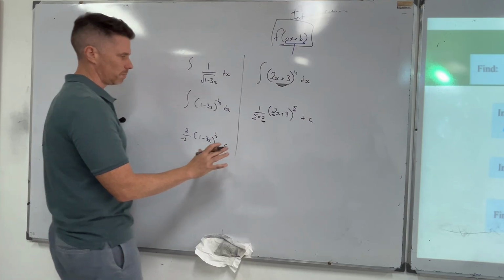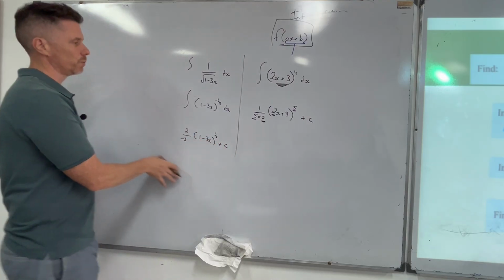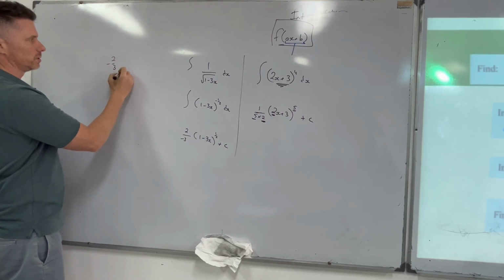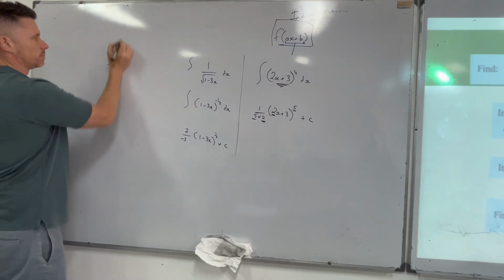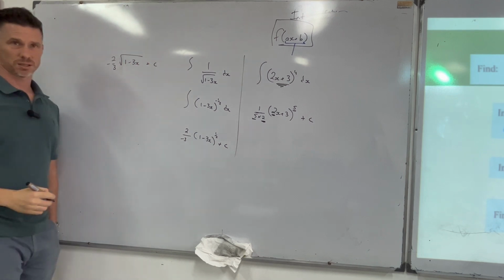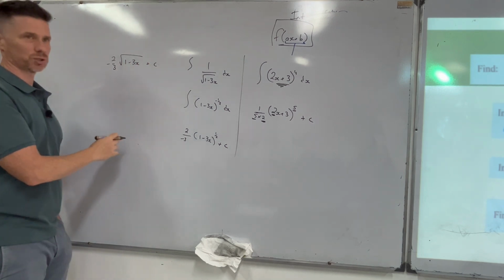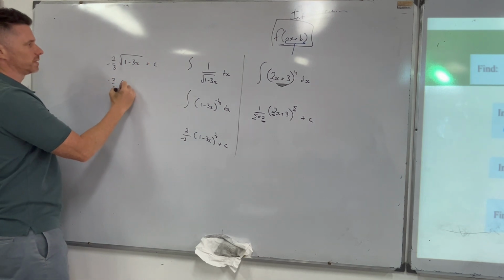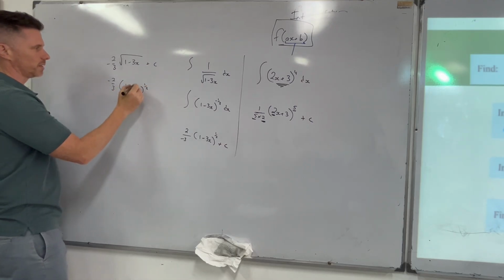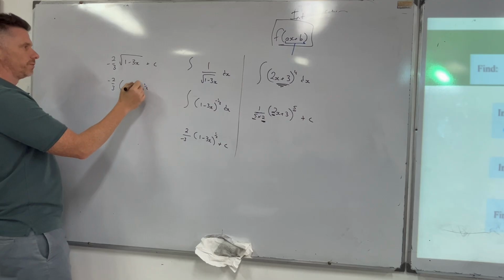Right. I'm not convinced by this one, so I will derive it just to make sure. So you have negative 2/3 square root 1 minus 3x plus c is what we said, yeah? So I'm going to derive this one just to make sure. Chain rule now, our old friend.